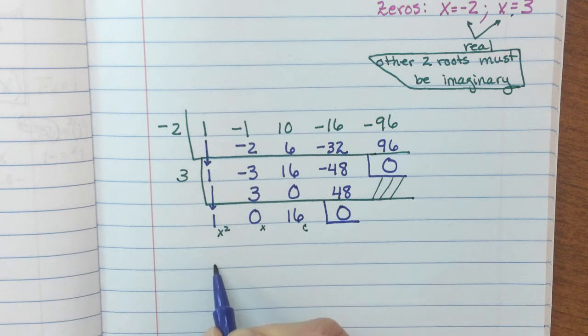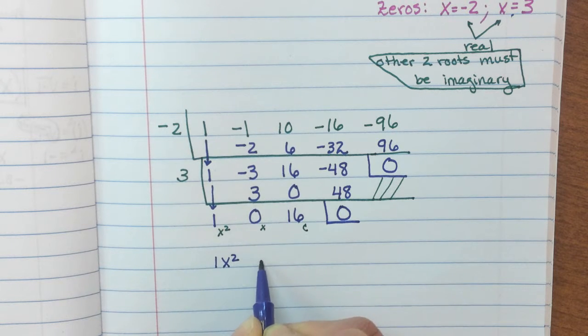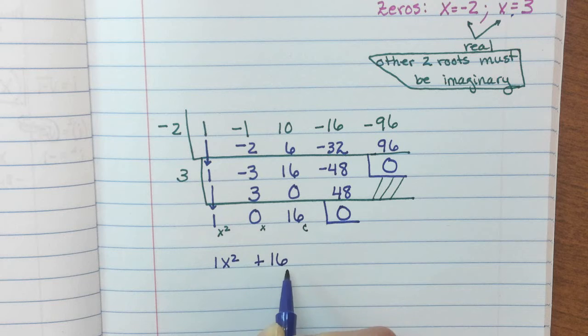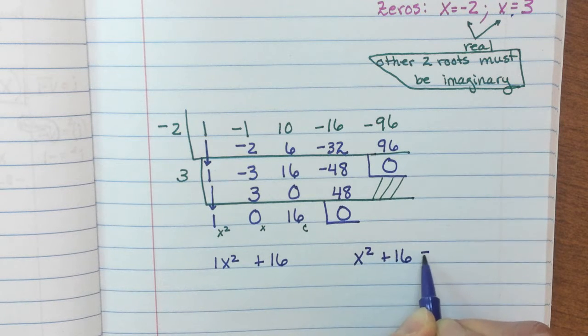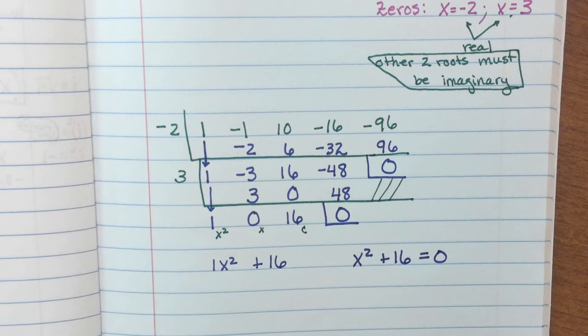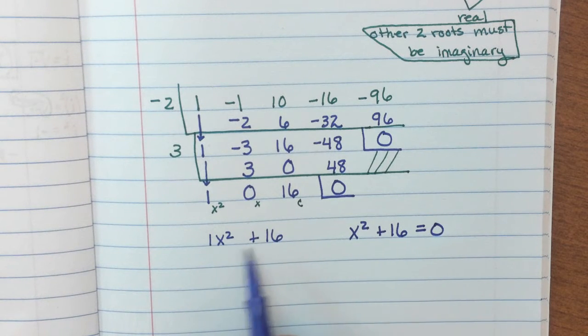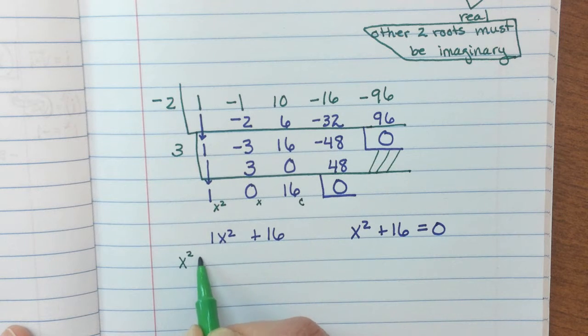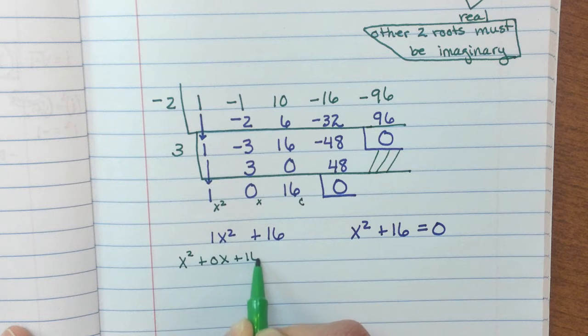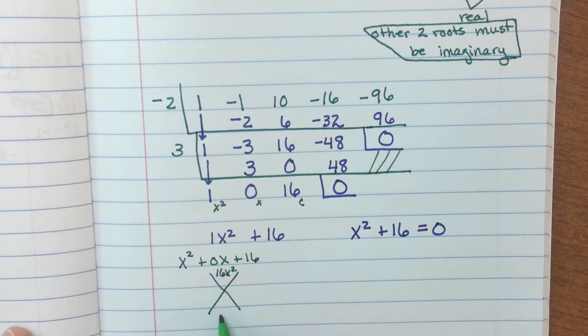So what do I have? I have 1x squared plus 16. So that's my other factor. So this factor I'm going to set to 0, and I'm going to figure out what the value of x is. If I tried to factor this doing the method that I've done before, which would be to make it x squared plus 0x plus 16, and then try to find the factors of 16x squared that add to 0x, I'm going to find that this doesn't work.